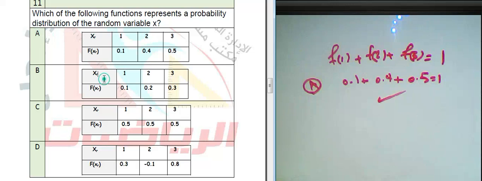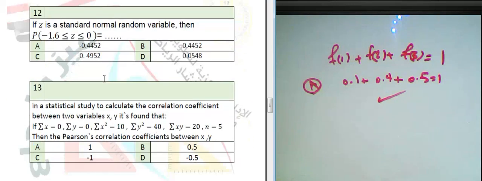Okay, question 12. If z is a standard normal random variable, then probability of z greater than or equal to negative 1.6 and less than or equal to 0 equals what? You can look at the table to find the result, because the probability of this area equals the probability of this area on the positive side.